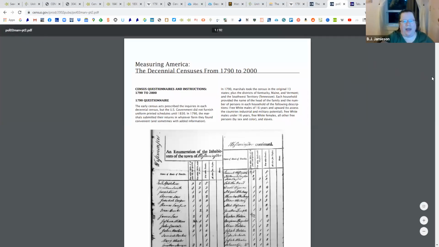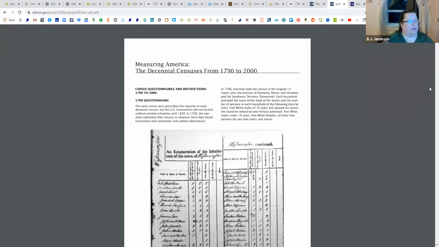I have a handout I'm going to put in the chat in a little bit, but this is a wonderful publication put out by the Census called Measuring America, the Decennial Census from 1790 to 2000. It's 92 pages long. You probably don't need to print it out. But the link to it is in the handout.